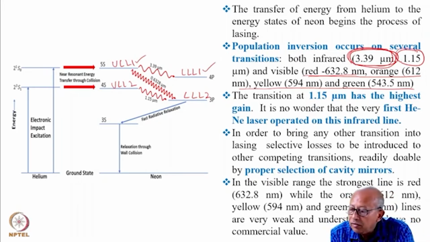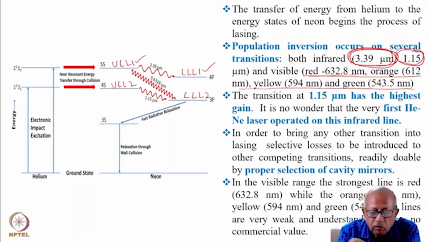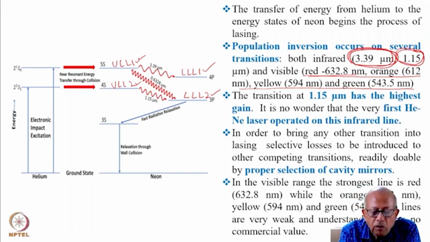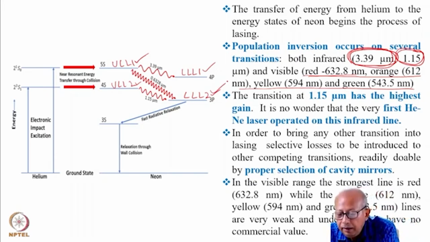The second infrared light of wavelength 1.15 micron originates from transition between upper laser level 2 and lower laser level 2, while there are a range of visible lights originating from transition between upper laser level 1 and lower laser level 2, and they give out red light at 632.8 nanometer, orange light at 612 nanometer, yellow at 594 nanometer, and green at 543.5 nanometer.